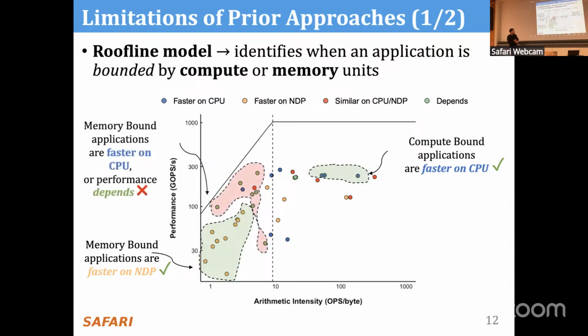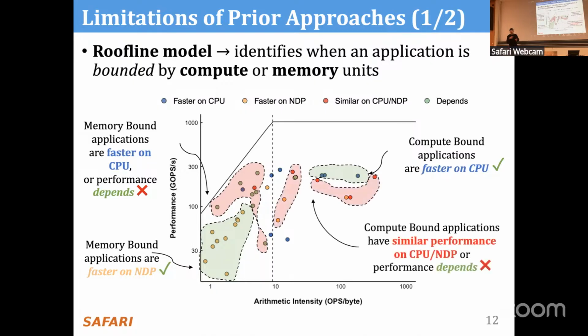But there are a lot of applications that are kind of like noise here. So applications that are memory intensive according to this model, but sometimes the performance of the PIM system is better, and sometimes the performance of the CPU is better, depending on the configuration, the input size, or the number of cores that you have available in your system. And the opposite is also true.